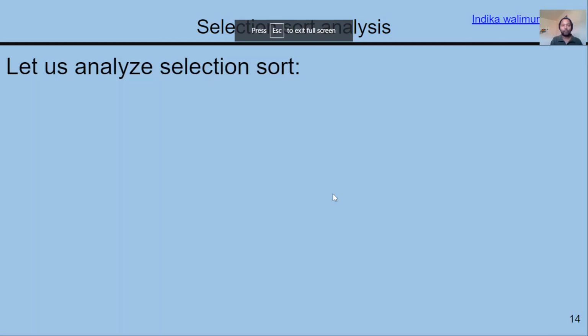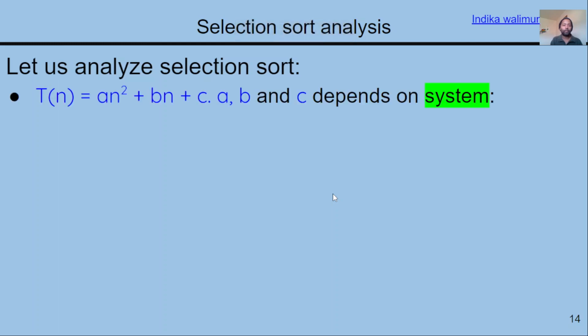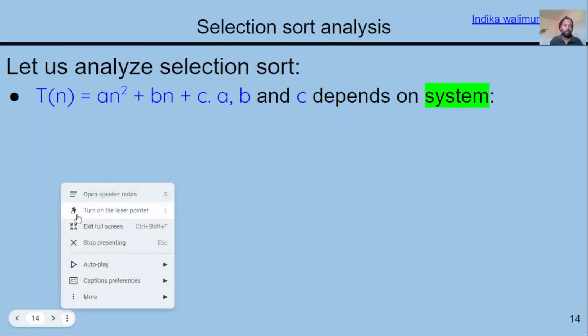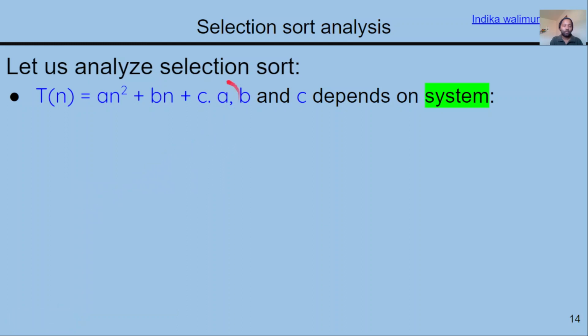Okay. So let's go over selection sort analysis. All right. So Tn, we came up with this fit. A is a constant, B is a constant, C is a constant, and they all depend on the system. And then we just found out particular A, B, and C for my computer.